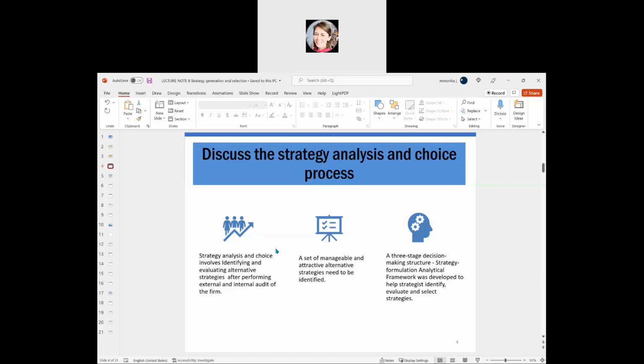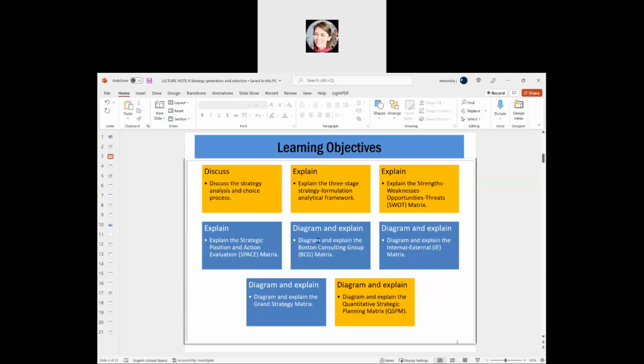Now, what strategists, those decision makers in the organization, do not do is consider all feasible alternatives or techniques. When I mention all feasible alternatives or techniques, we are talking about SWOT, SPACE, BCG matrix, IE, Grand Strategy Matrix, and QSPM.